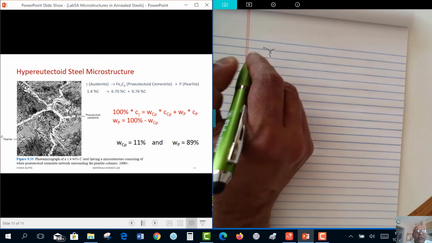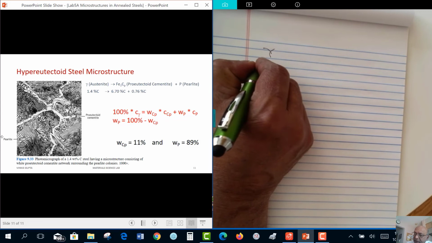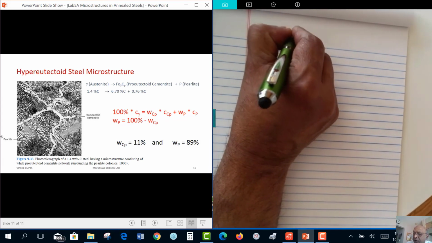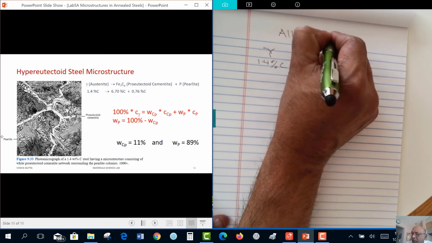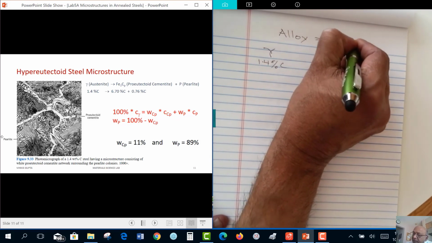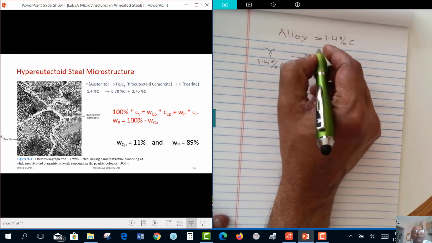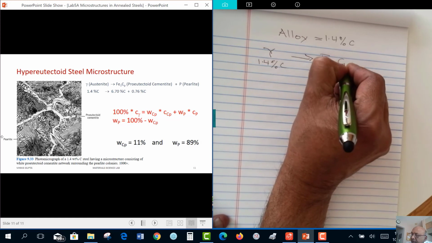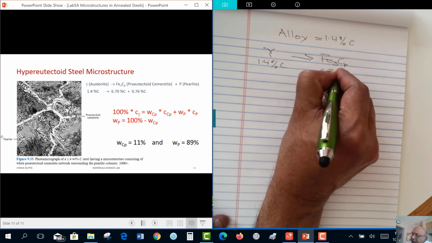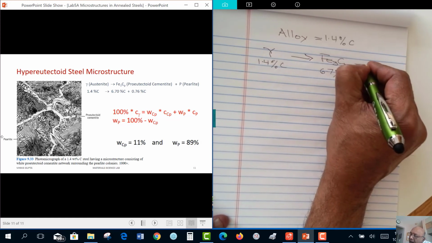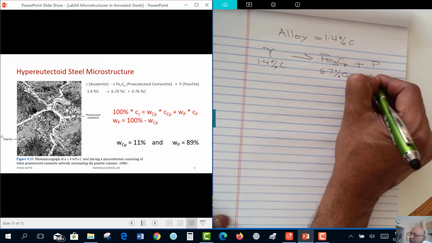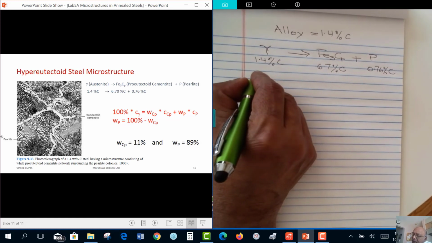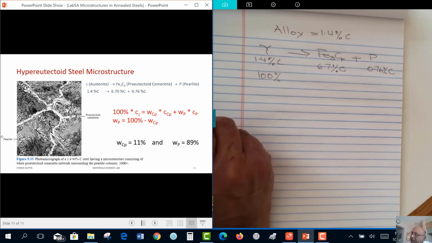So we started with austenite at high temperatures. Our alloy composition was 1.4% carbon. It has split into pro-eutectoid cementite, which is 6.7% carbon, and pearlite, which we know is 0.76% carbon. So we started with 100% of gamma.